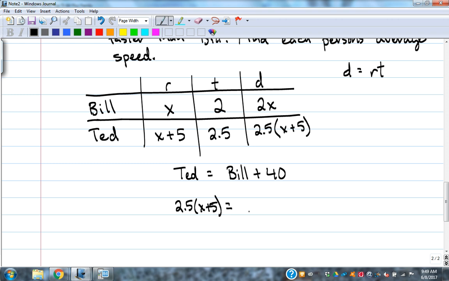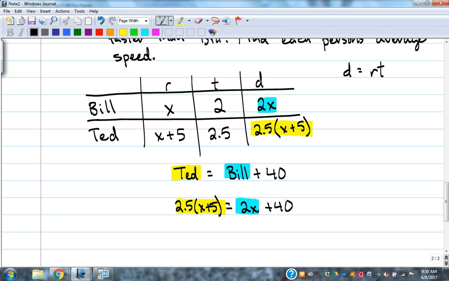And the distance for Bill, 2x. But remember, to equal Ted's distance, you got to add 40. Okay. So maybe highlighting helps here. Bill, Ted, that sort of thing. So that's where I'm getting that stuff from, because we're both ending up in the same spot. So that's why we're equal, right?